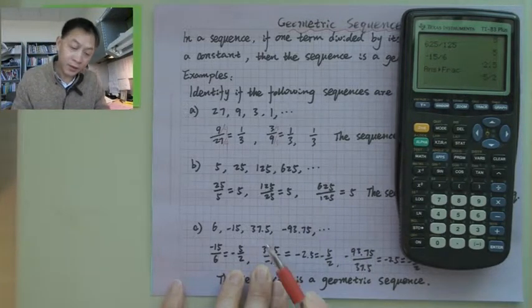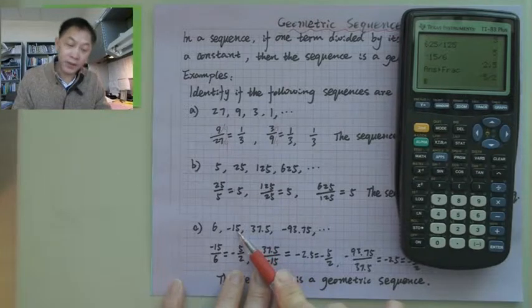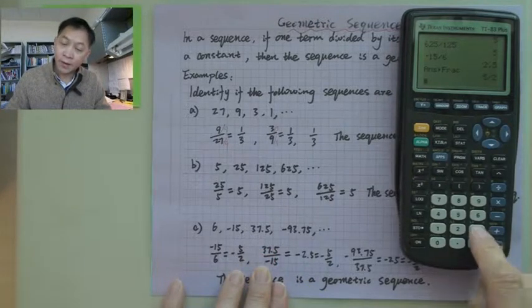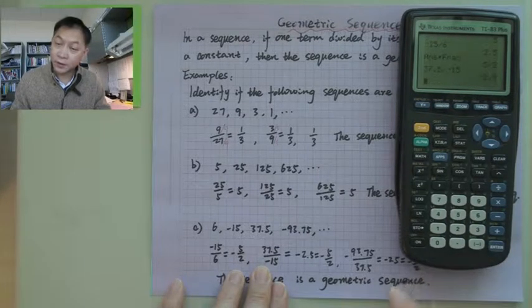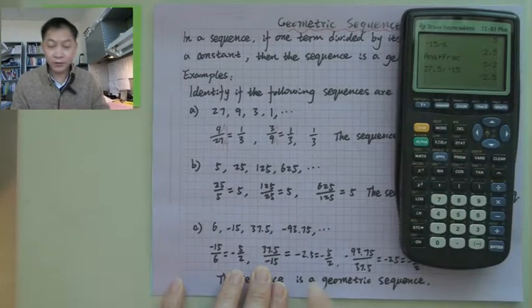Now, the third one divided by the second one: 37.5 divided by negative 15. So you then have negative 2.5.